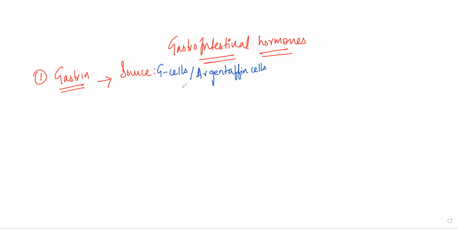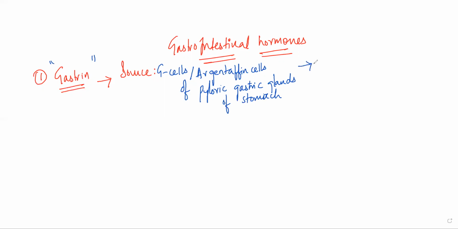They are present here in the pyloric gastric glands of the stomach. These are the ones which are secreting the gastrin.